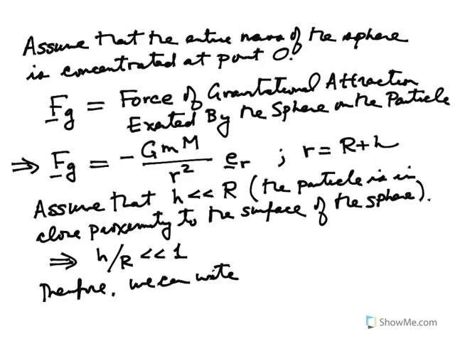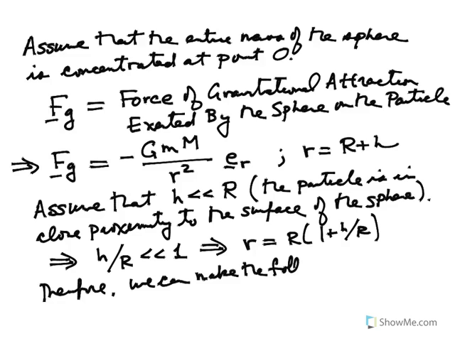I can actually make one more step here, which is that r can then be written as R times 1 plus h over R. So we can make the following approximation.